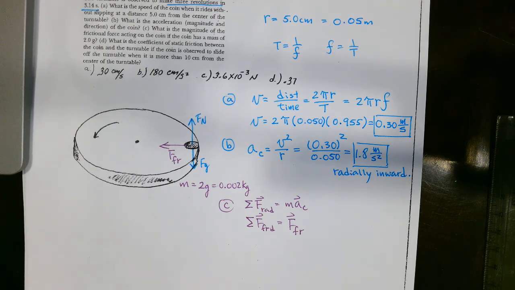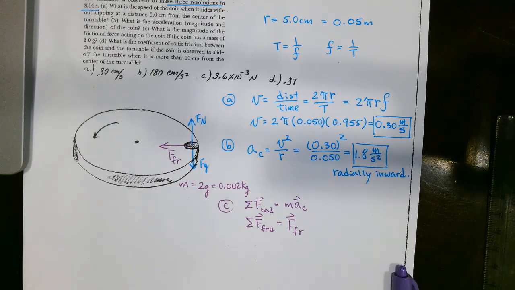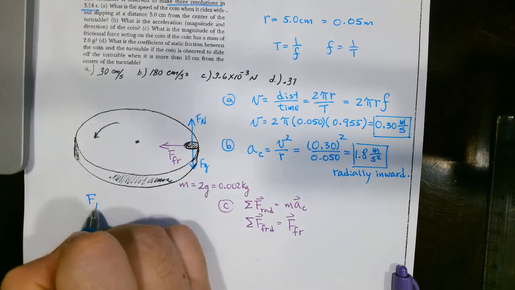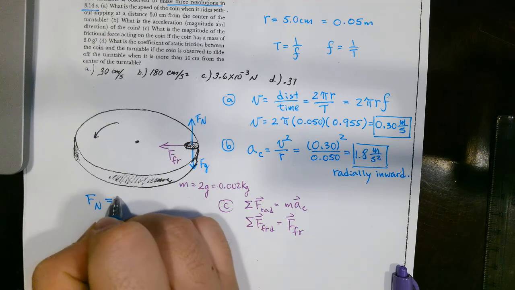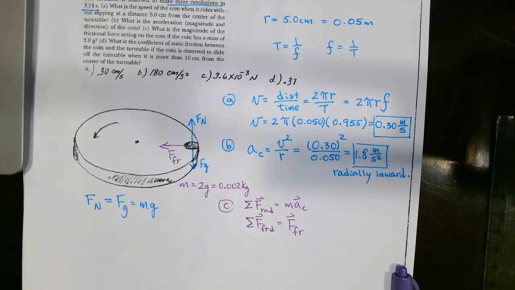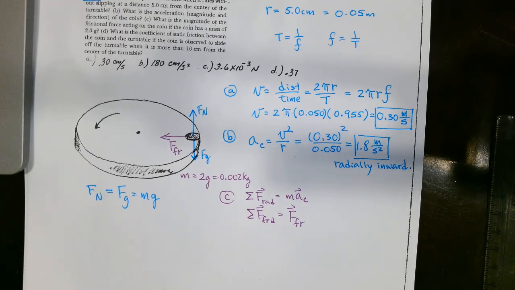Well, we know F normal. I'm not going to go through the whole steps, but F normal is equal to Fg, which is equal to mg. If you don't see that, let me know. We can meet after school and we'll talk about that. All right?